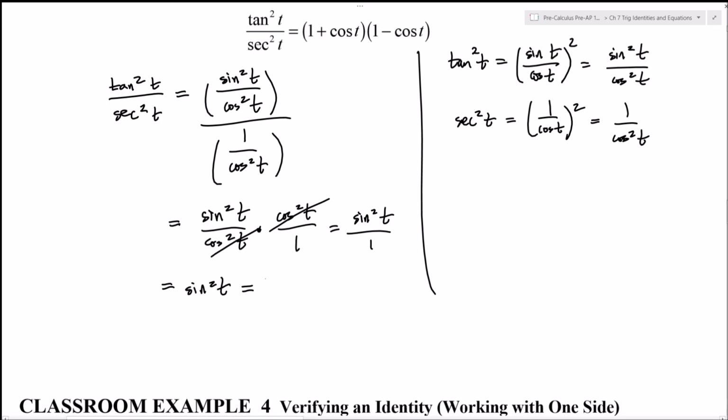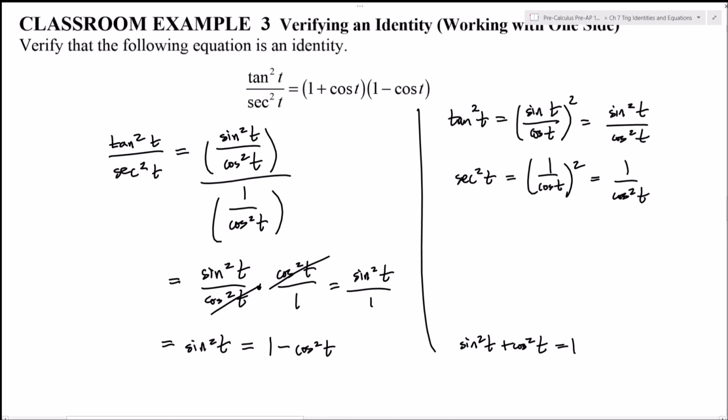Therefore, sine squared on its own is 1 minus cosine squared of the same angle. This is all coming from the idea that sine squared plus cosine squared is always equal to 1 no matter what the value of t is. So let's see, sine squared t is equal to 1 minus cosine squared t.